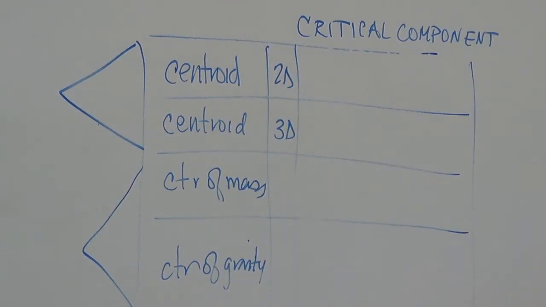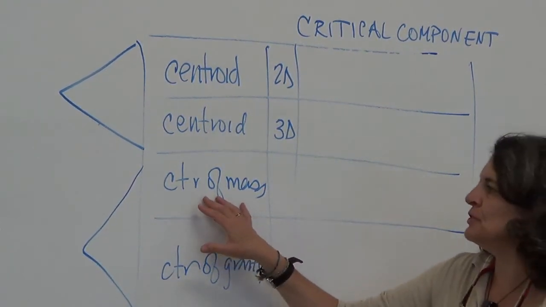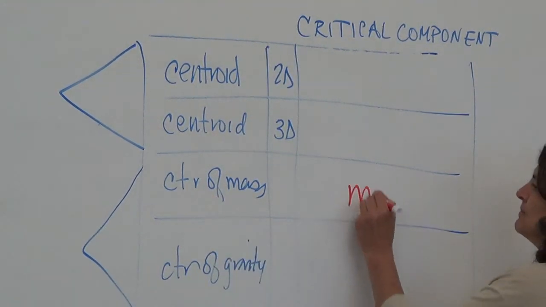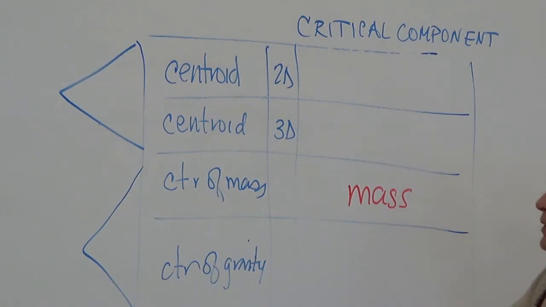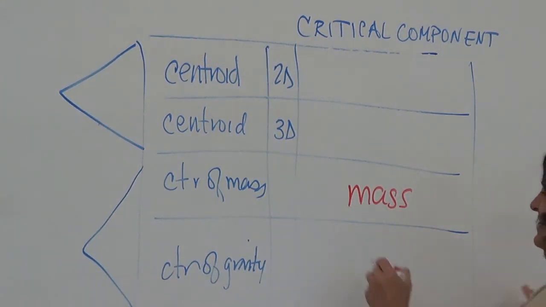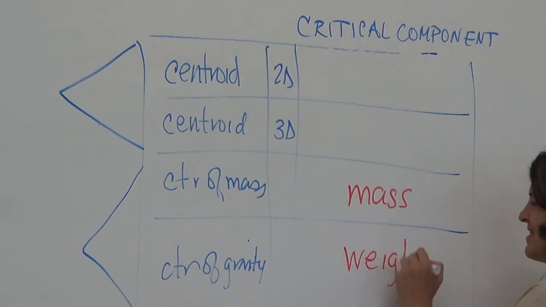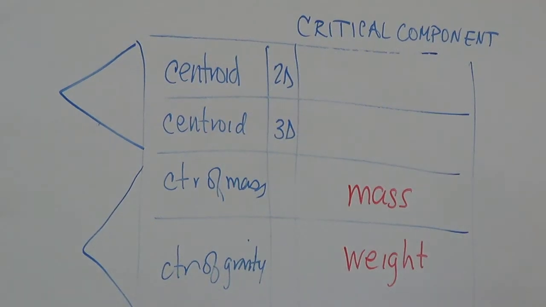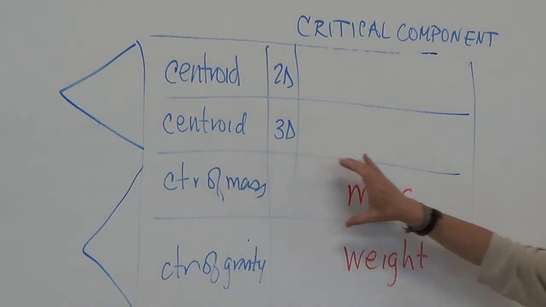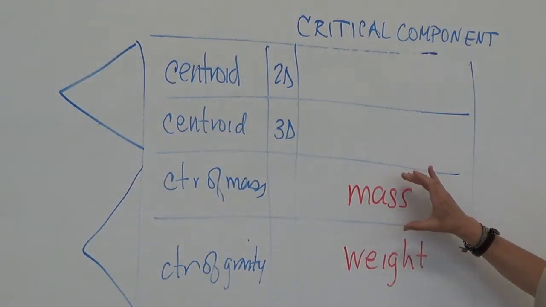Okay, let's do this. What do you think you're dealing with when you're dealing with center of mass? Mass. Good. When you deal with center of gravity, it's gravity, not gravity. Weight. Okay, so now we notice that center of mass is really a function of its mass.